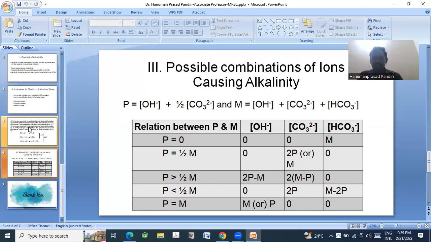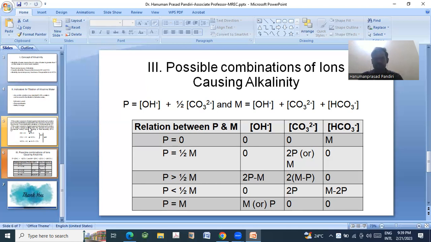And M also will become OH minus concentration because carbonate concentration as well as bicarbonate concentrations are 0. So P equal to OH minus concentration and M is also equal to OH minus concentration. So it is clear that P equal to M. So in this case, carbonate concentration and bicarbonate concentrations are 0. And the only ion responsible for alkalinity of water is OH minus. And its concentration is either M or P.